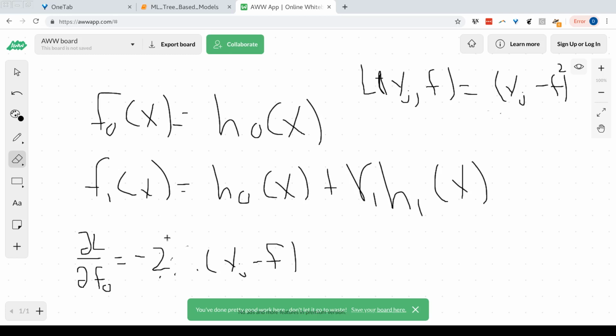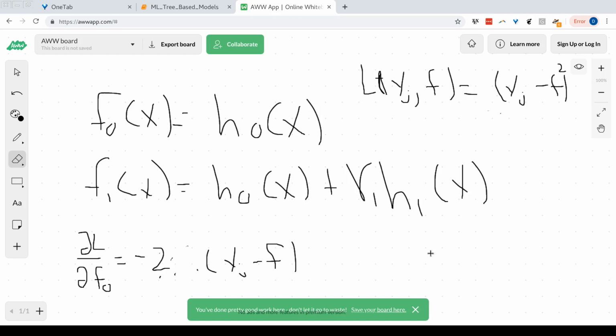So notice what these pseudo-residuals resemble. What is it proportional to? We see here that the pseudo-residuals, if we have a square loss error, are simply proportional to the residuals. A residual just represents the deviation of what the model predicts from the true value.